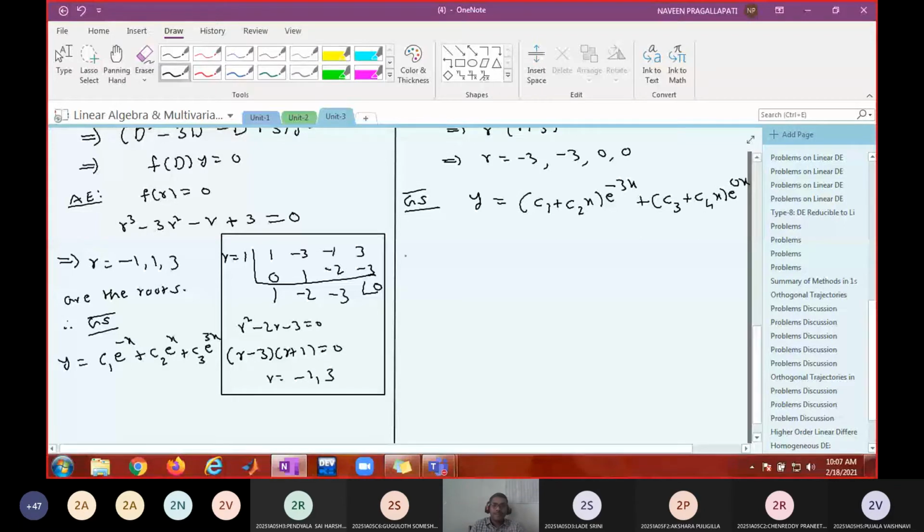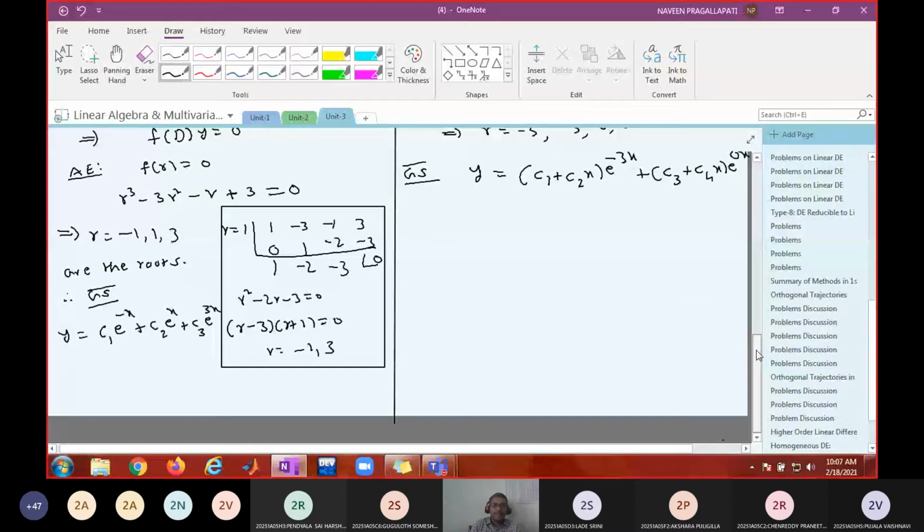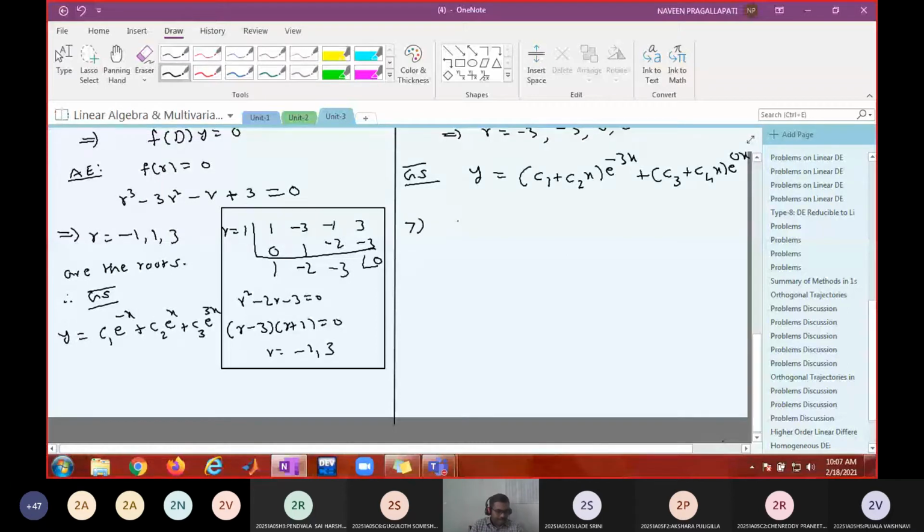Yes. Okay, so problem number 7. y power 5 minus y cube. What about this?